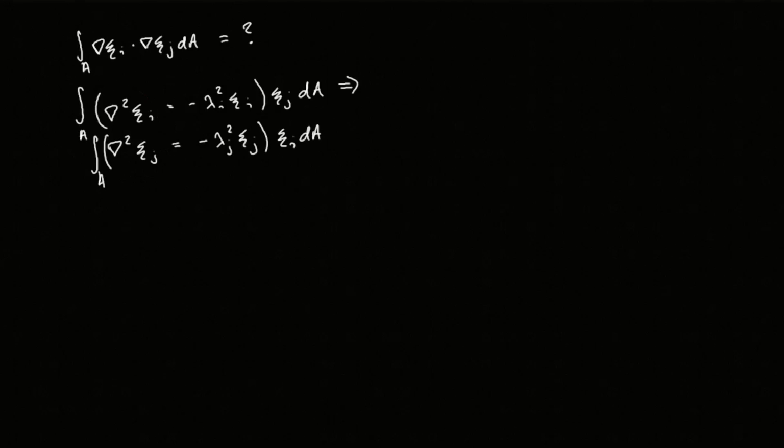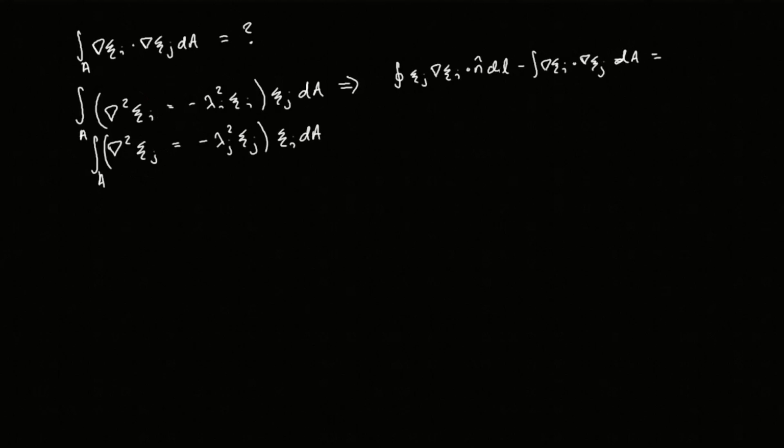When we do that, we end up with Cj grad Ci dotted with n hat dA minus grad Ci dotted grad Cj equals, let's do integral dA, and this is supposed to be dl, line integral.